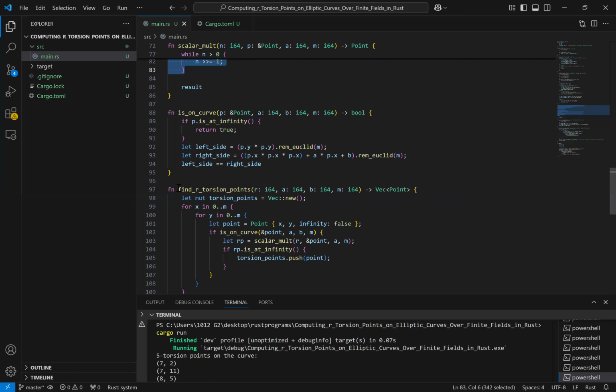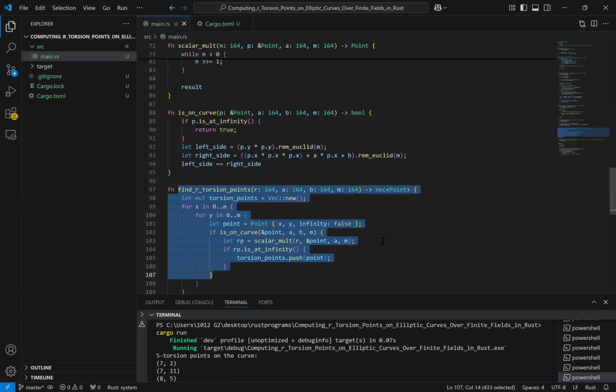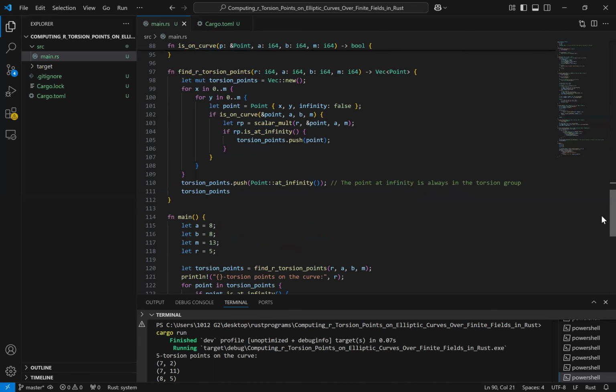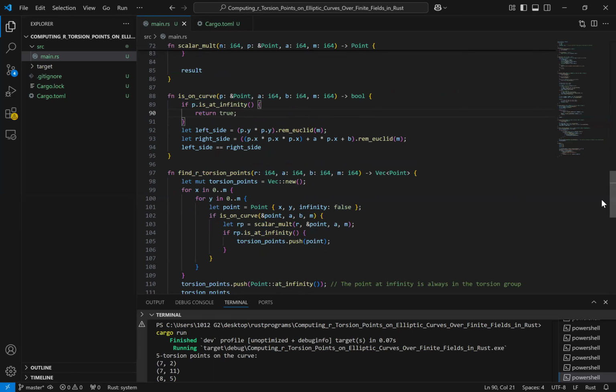I added this find torsion. I also added is on curve: if P is at infinity, return true. But the rest are just the same thing.